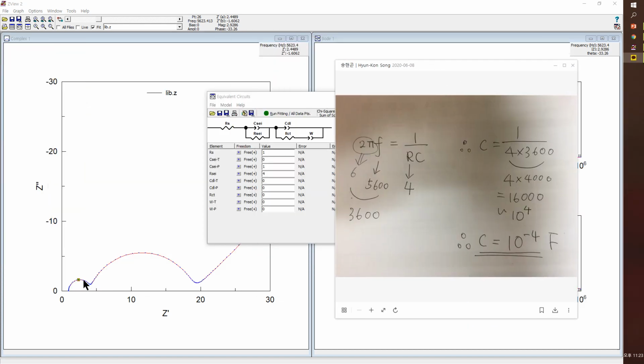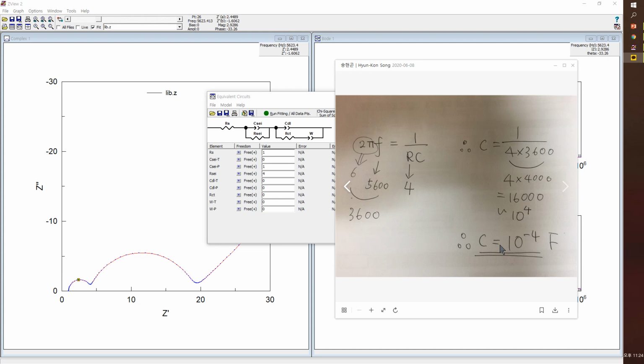I have just calculated the value of capacitance like that. From the top frequency, which is about 5600 hertz here, 2 pi f is equal to 1 over the RC time constant, and the R value is estimated at 4 here. Then by calculation, C is estimated around 10 to the minus 4 farad.